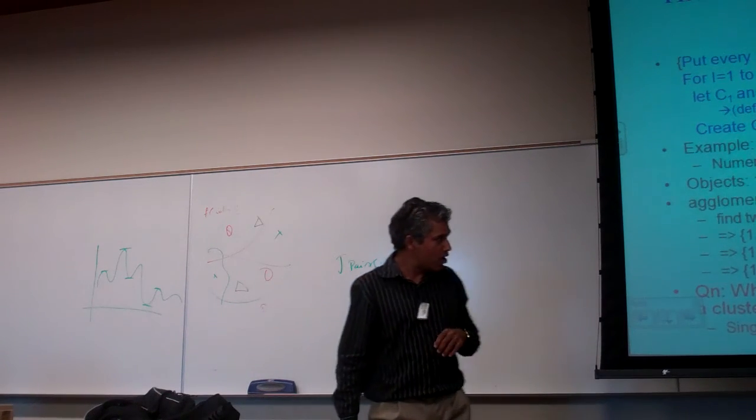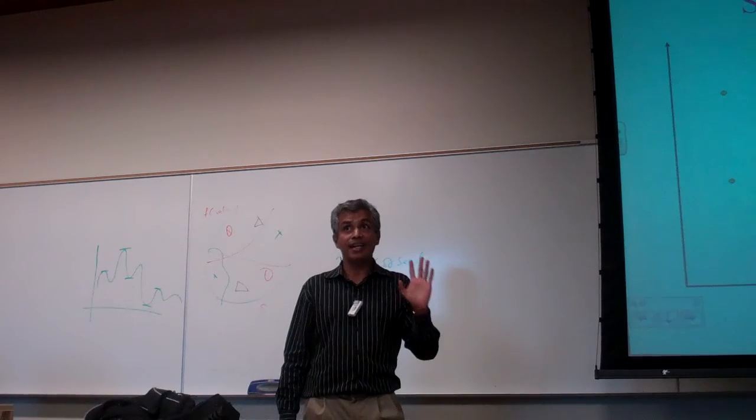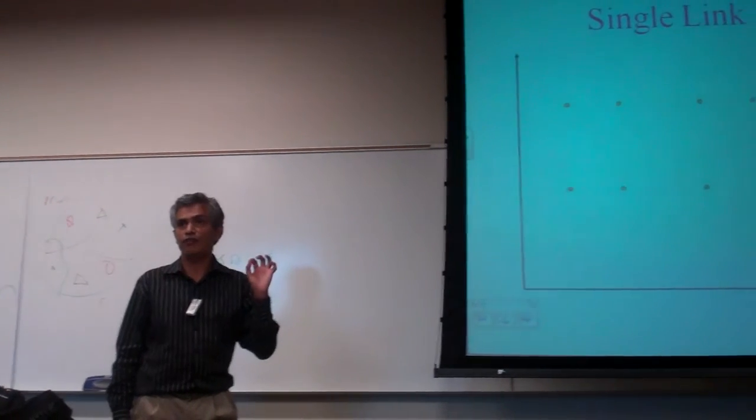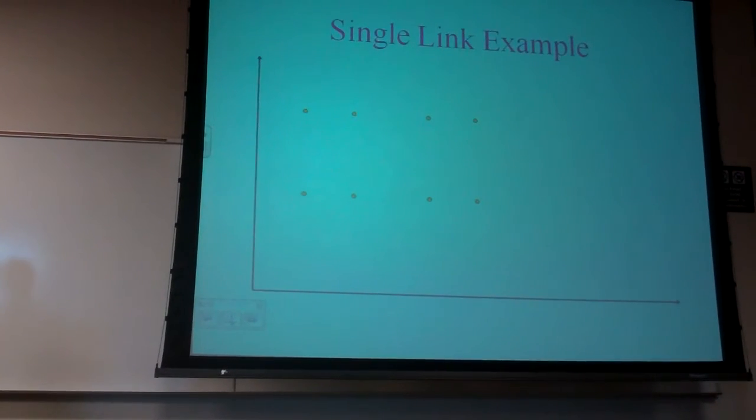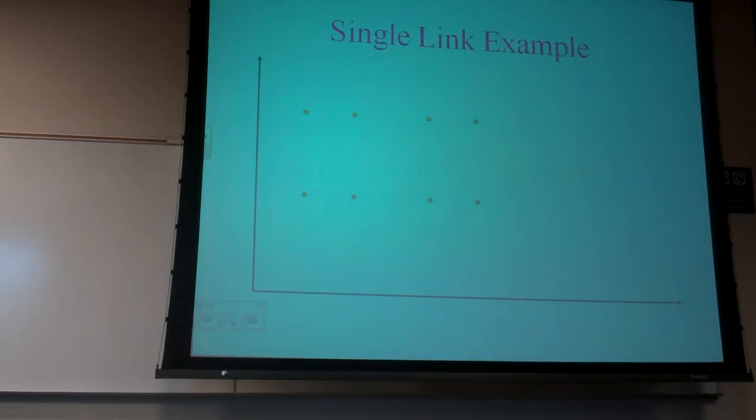For now, what I really want you to understand is that you will get different clusterings if you define cluster distances differently. This is the example I'm going to do here. It's again Euclidean space, assume Euclidean distance. If I use single link clustering, where the distance between two clusters is equal to the distance between their closest points, then what happens?